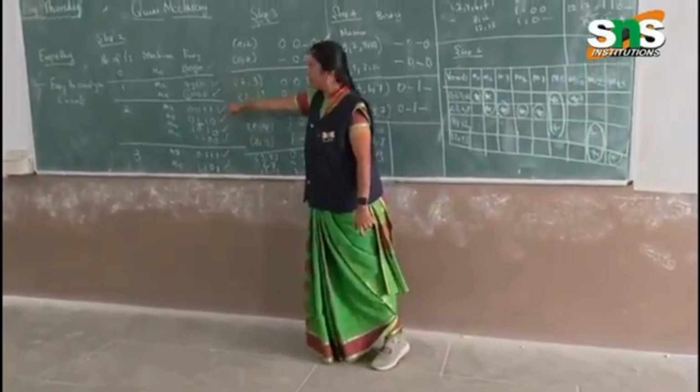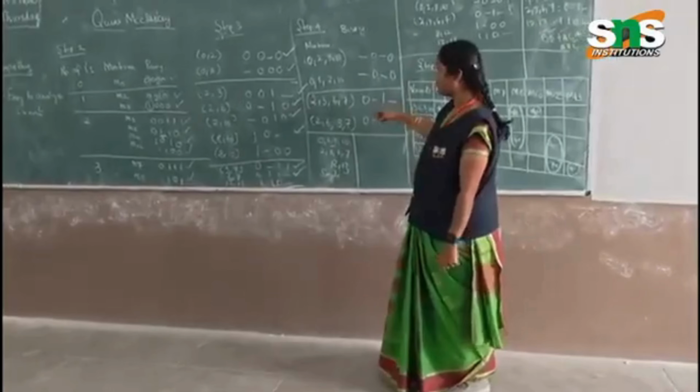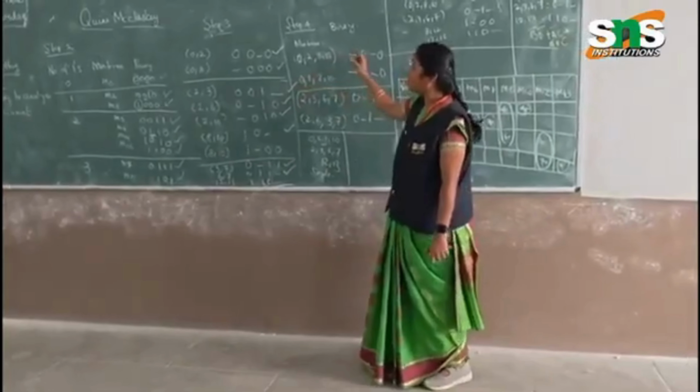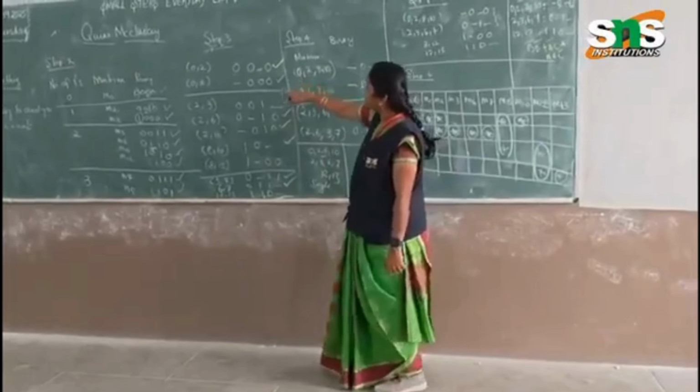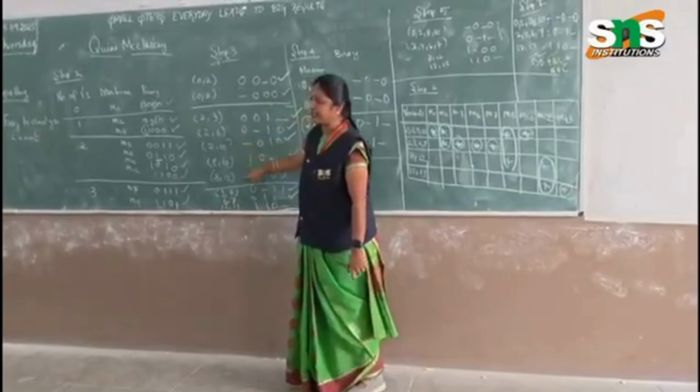Step 4 is that step 3 is repeated for these combined terms. Here I am comparing 0,2 with 2,3; 2,6; 2,10; 8,10; 8,12; and 0,8 with 2,3; 2,6; 2,10; 8,10; 8,12; and these with 3,7; 6,7; 12,13.